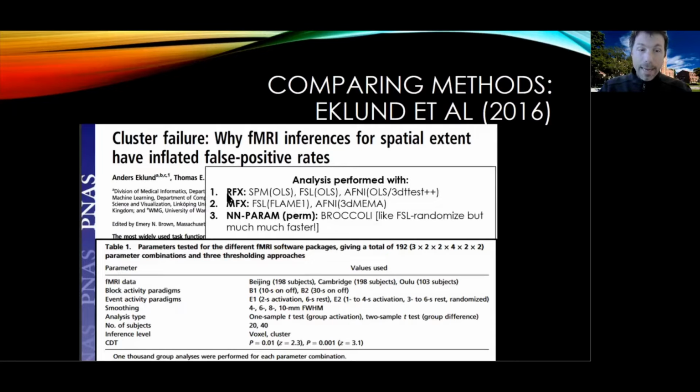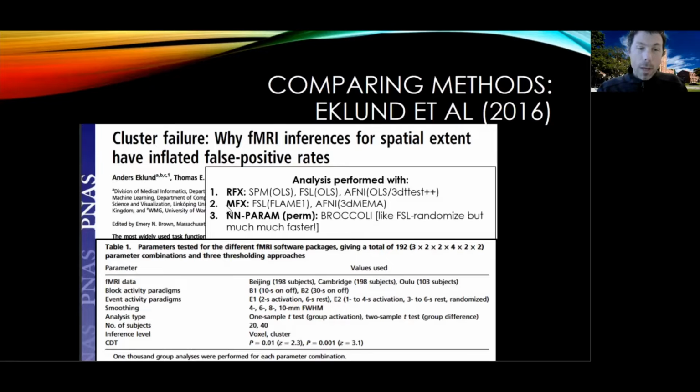Now, the most interesting aspect of this is that they performed a number of different analyses. At the group level, they either did a random effect, so this means SPM using only the between subjects analysis, FSL also using an OLS, so again, only using the between subject variance, not using the within subject variance, and AFNI using 3D t-test, which also ignores the within subjects variance.